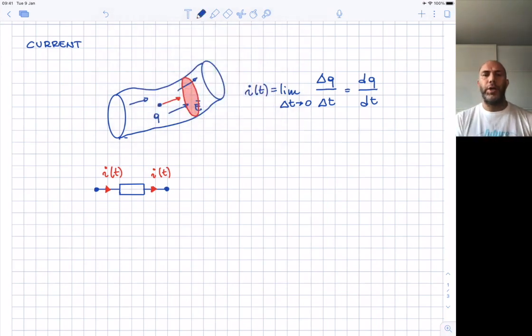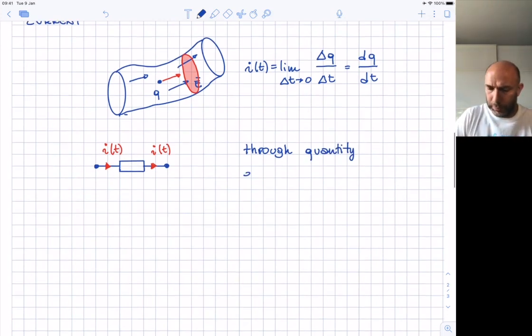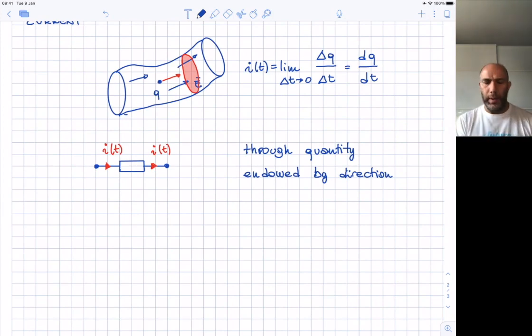From a classification of physical theories, we can say that the current is a through quantity that is endowed by a direction. The current, of course, can be measured, and the units of the current are ampere.